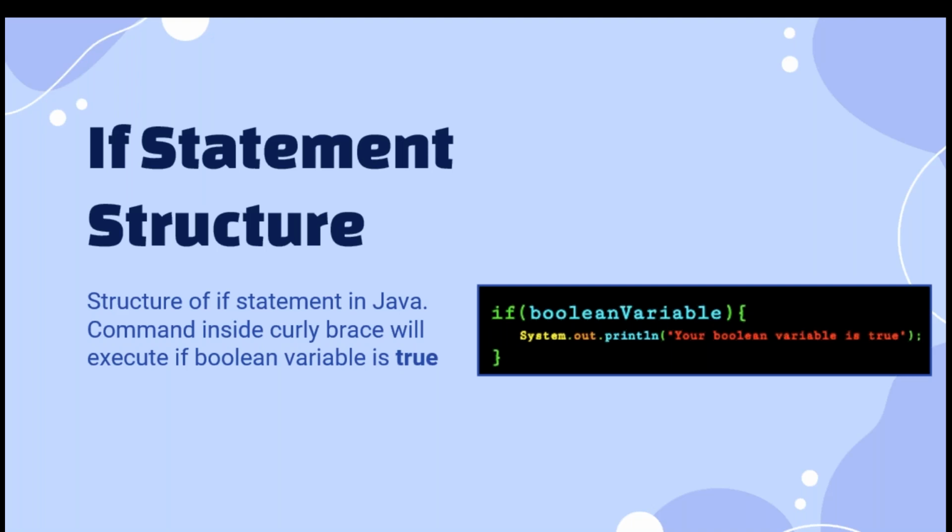If something is true, then our code will print "your Boolean value is true." Otherwise, if our variable is false, it will probably print nothing. This may seem a bit daunting at first, but we'll definitely be going through a lot of examples today on how this can be done.